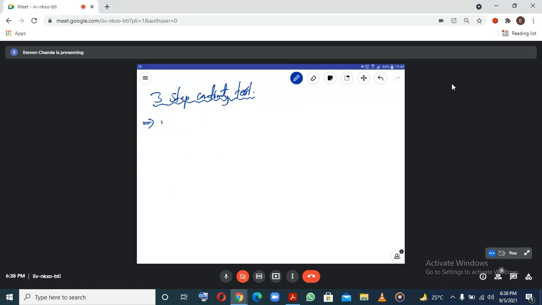So the first condition is: is this function defined when x is equal to, let's say, a? So what you first want to find out is, is f of a defined?